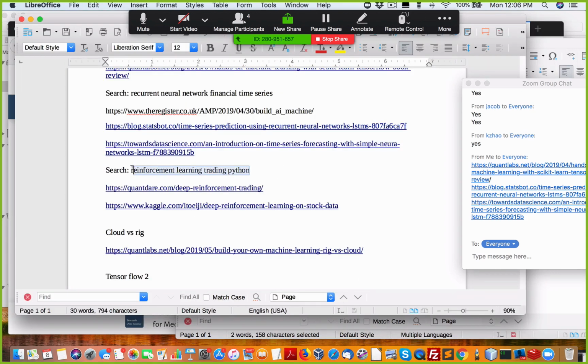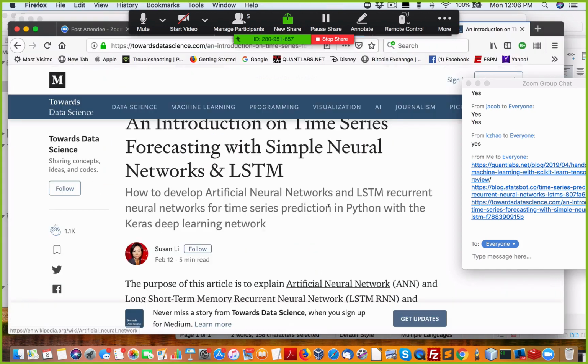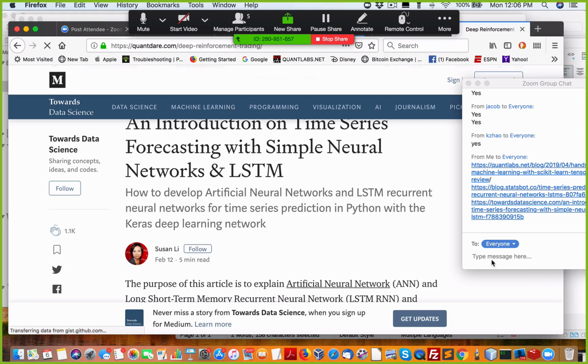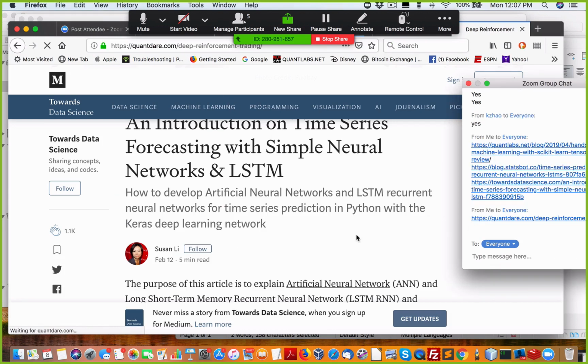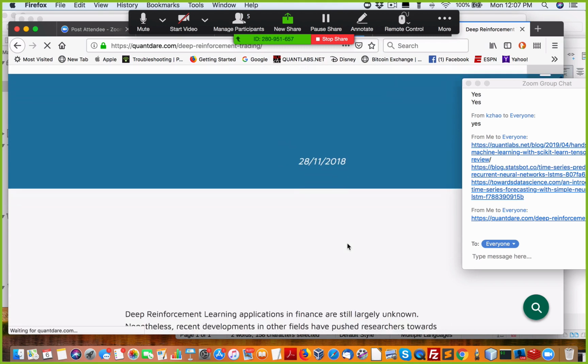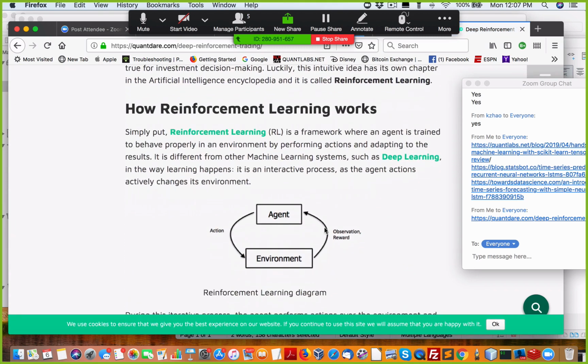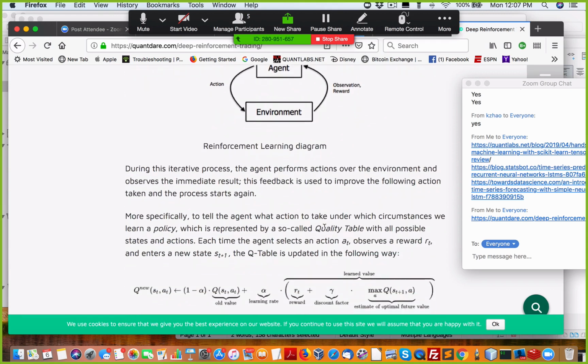And the other one is reinforcement learning trading Python. So this is another concept. This is very different from standard machine learning. So what I can do is I can pull up this article. I'll put it in the chat box again. And these are other examples that you can use for machine learning. So it's different, as I said, different paths to go down.